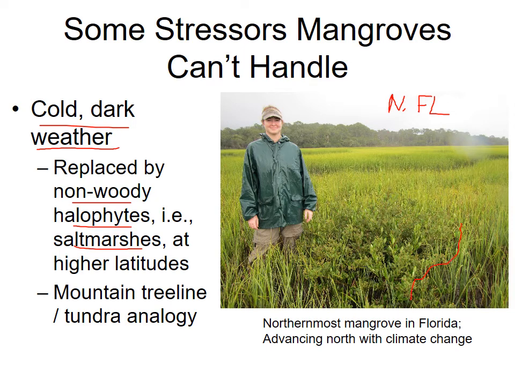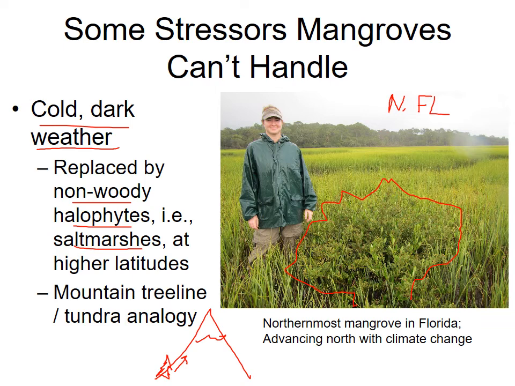But there are mangroves that are now beginning to colonize the salt marshes in North Florida as the climate warms due to human effects. Just as we are seeing trees move higher on mountains as the climate warms, we are seeing mangroves move to higher latitudes.